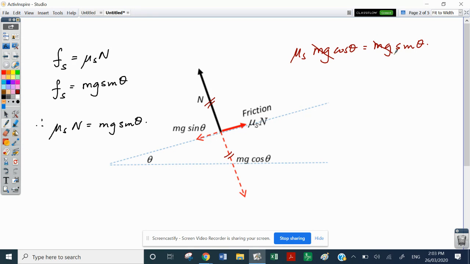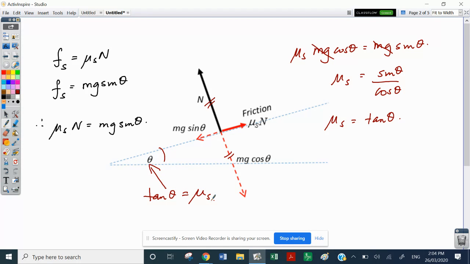Noticing that mg's on both sides will cancel, the static frictional coefficient would equal sine theta over cos theta, which we see as mu s equals tan theta. So the tan of this angle is equal to the coefficient of static friction, which is a great thing to remember.